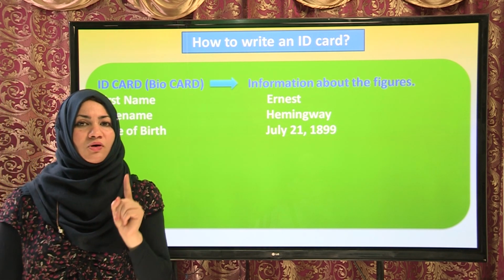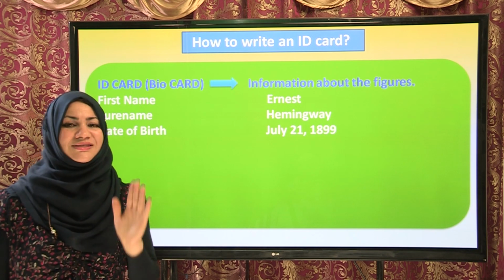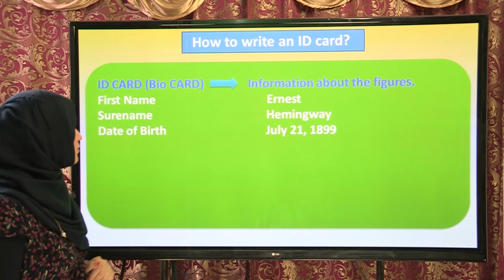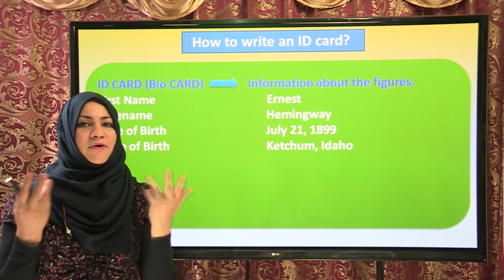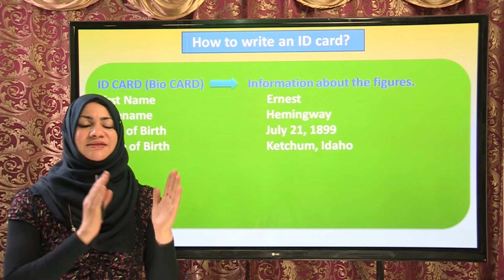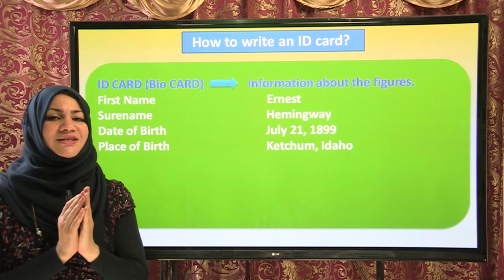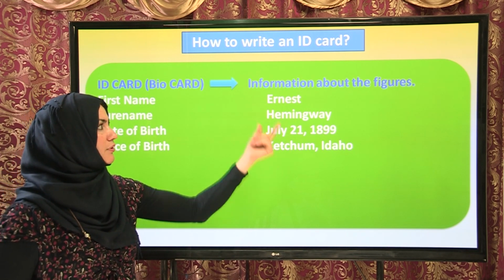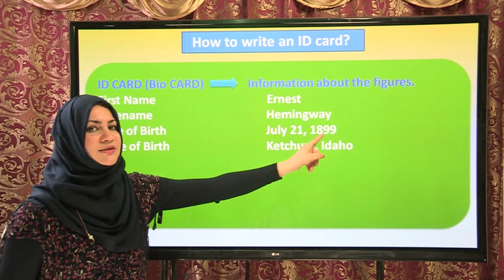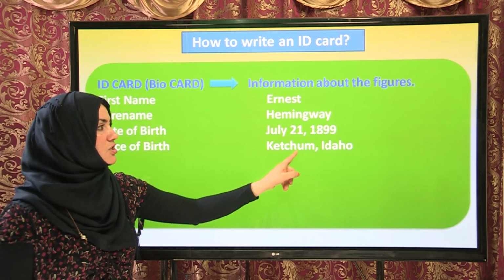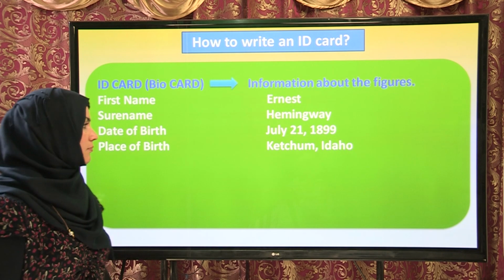So we start the ID card with the first name, surname or family name, date of birth, when he or she was born. The next information, place of birth. Where was he or she born? Not date, place. Example, Ernest Hemingway, on July 21, 1899, in Ketchum, Idaho.